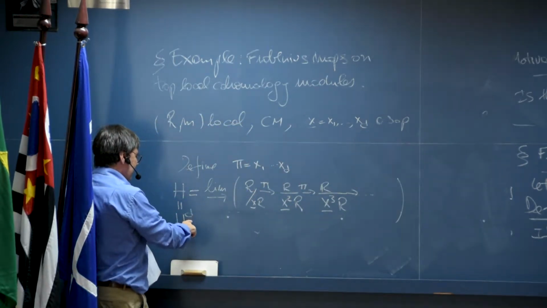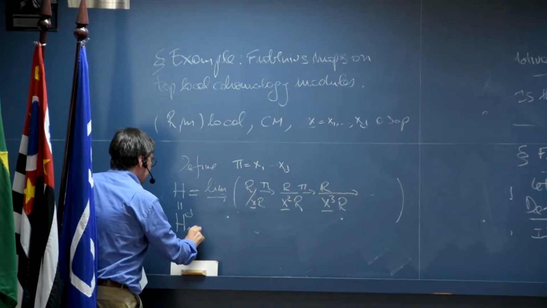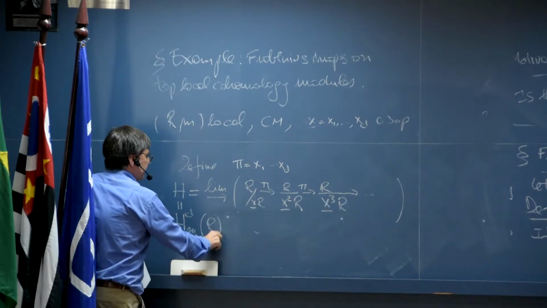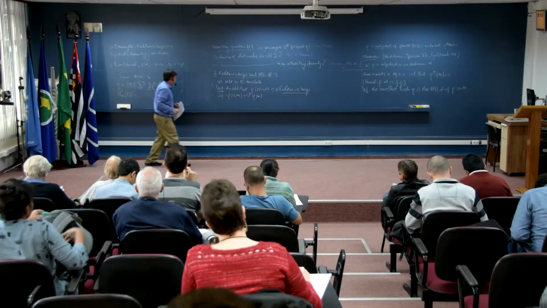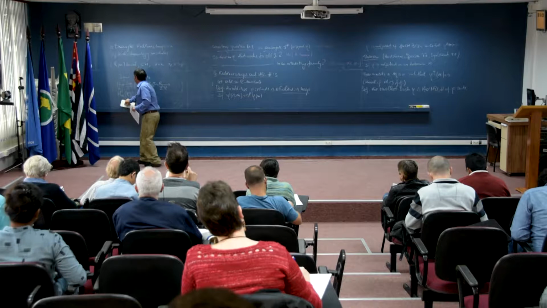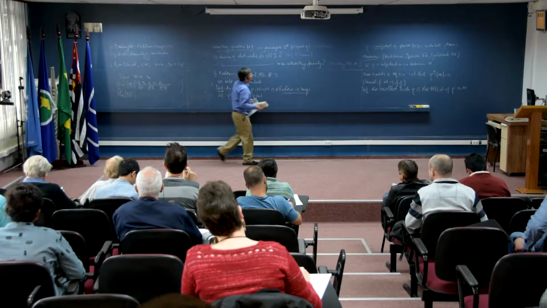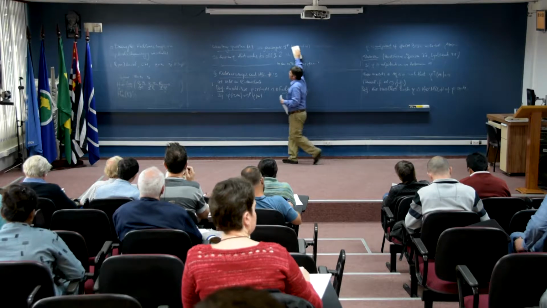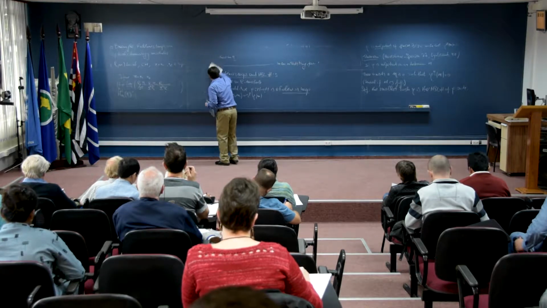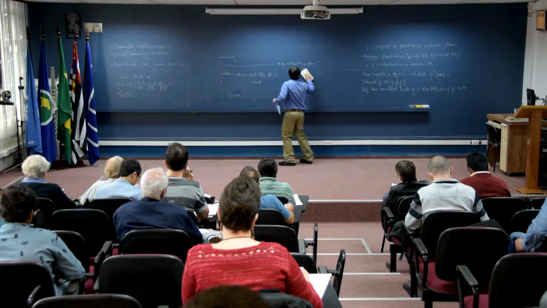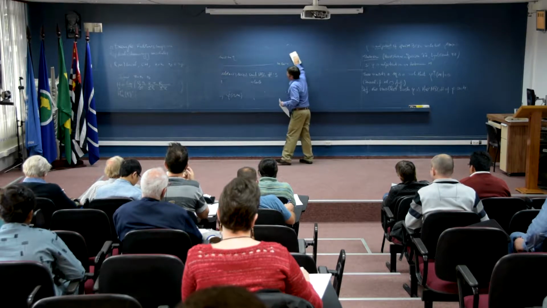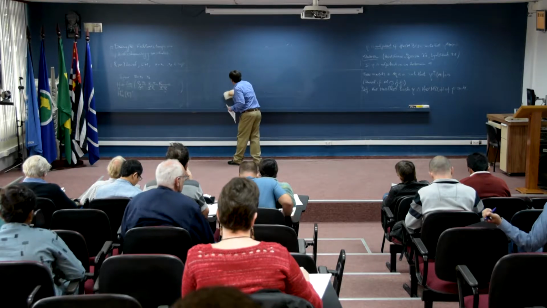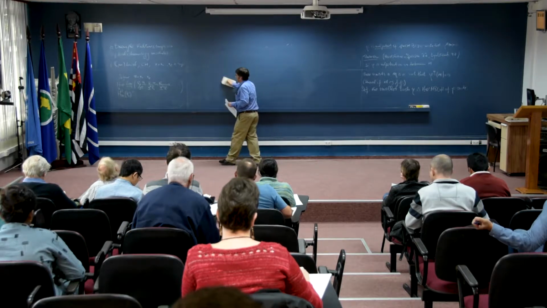So I'm looking at the dth local cohomology supported at the maximal ideal of the ring R. So what I want to do next is define a Frobenius map on this non-finitely generated module. I'm going to note that this is an Artinian module, and then I'm going to use the HSL theorem.